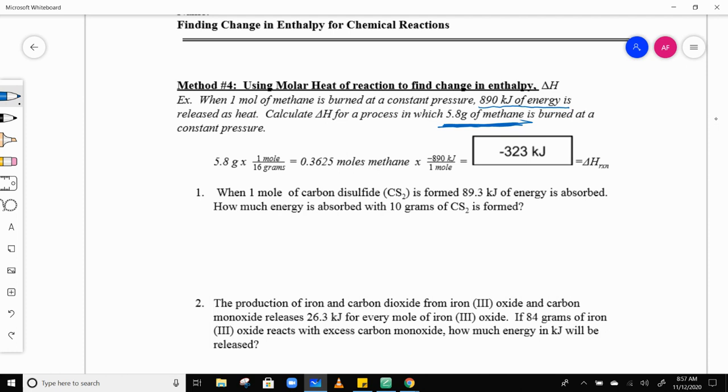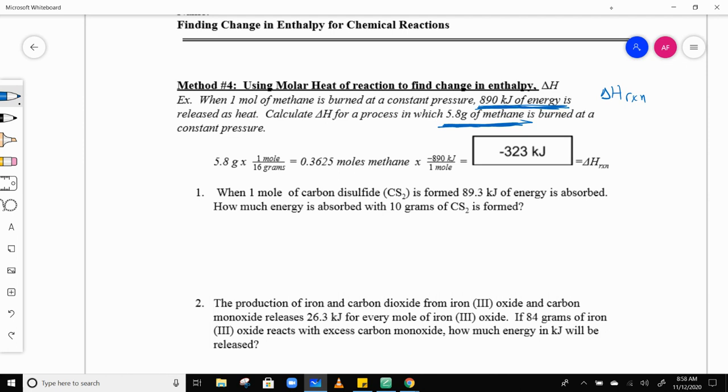Okay, so we have 5.8 grams. We have to convert that to moles first because the delta H was given in kilojoules. It says 1 mole for every 890 kilojoules. So basically the delta H for 1 mole of methane is 890 kilojoules.